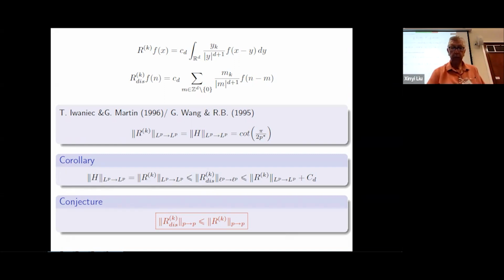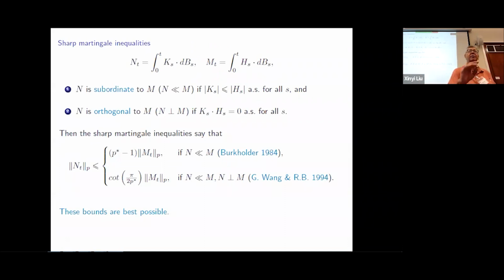Let me tell you, the proof uses one theorem that extends Burkholder's inequality, namely that if you take two martingales, two stochastic integrals, represented by predictable processes K and H, you say that N is subordinate to M if the vector K_s is less than or equal to H_s almost surely for all s.